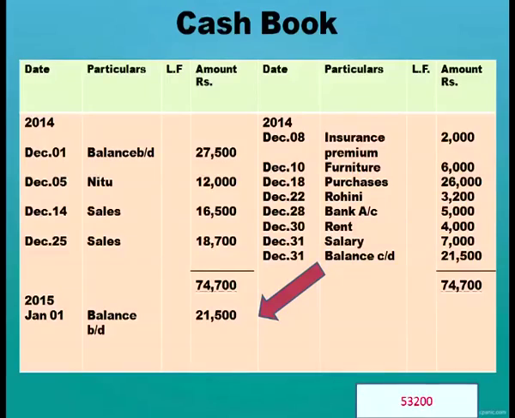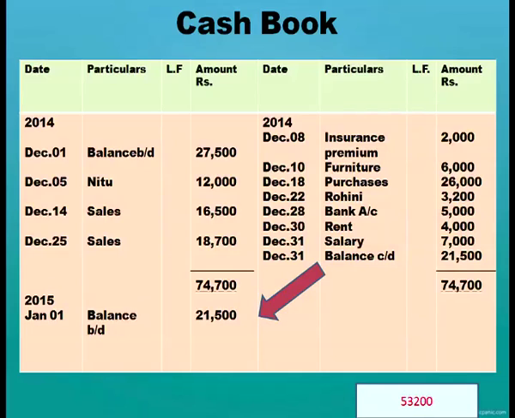There in the particulars column, what will you write? You have to write balance carried down. And the date will be the last day of that particular month, December 31st. There, December 31st, balance carried down 21,500. This amount will be brought down in the beginning of the next month or here, next year.